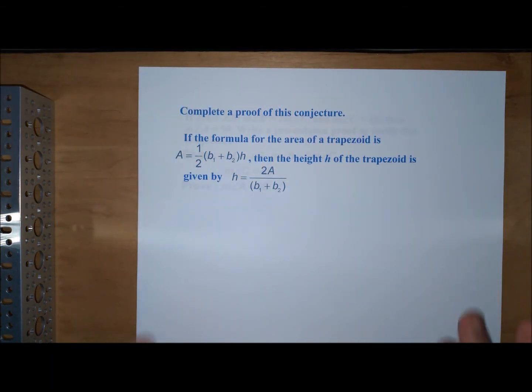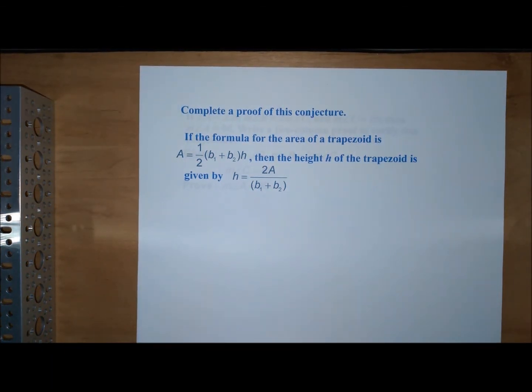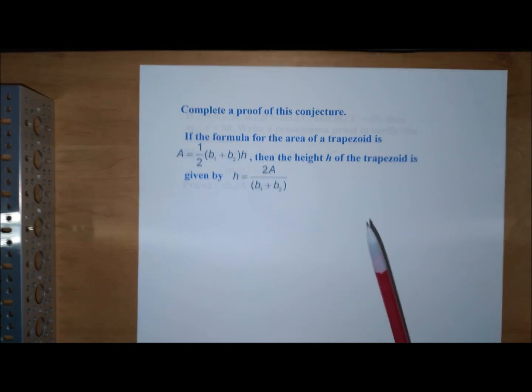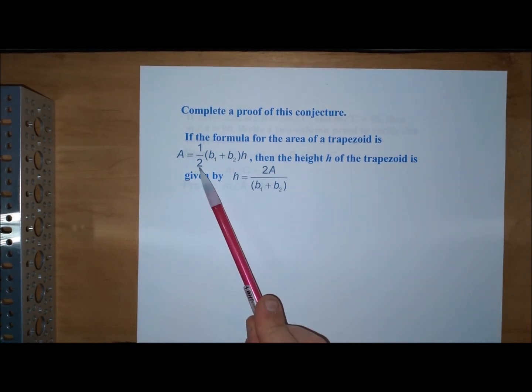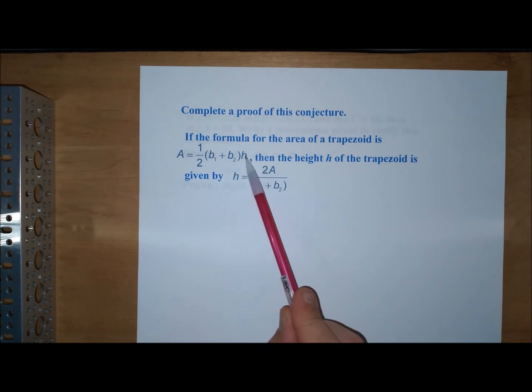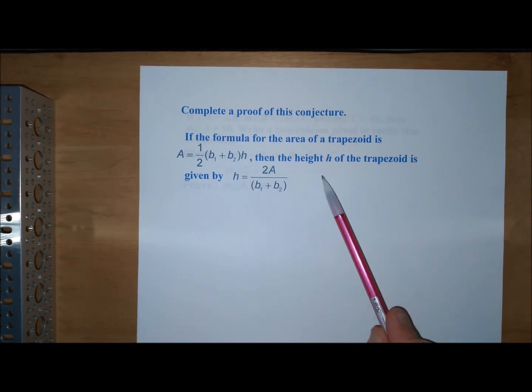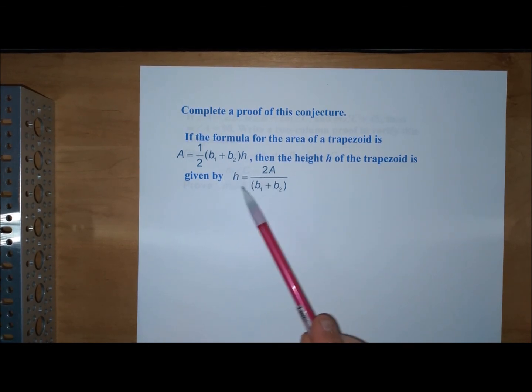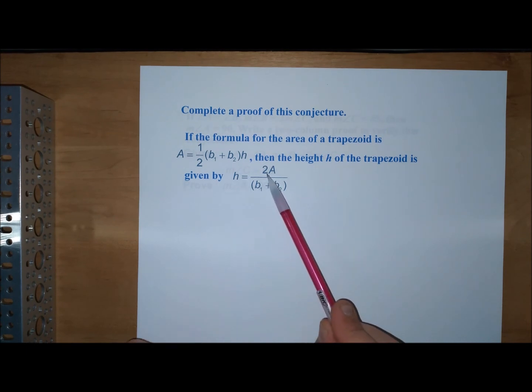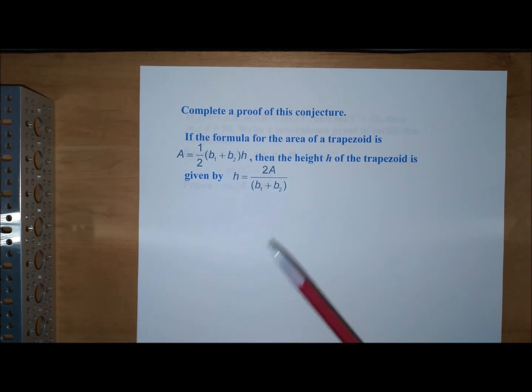All right, let's try that for this problem here. Complete a proof of this conjecture. If the formula for the area of a trapezoid is area equals 1/2 times the sum of the bases times the height, then the height of the trapezoid is given by h equals 2 times the area over the sum of the bases. Okay, now hopefully you recognize the pattern right away. Do you see the conditional statement?